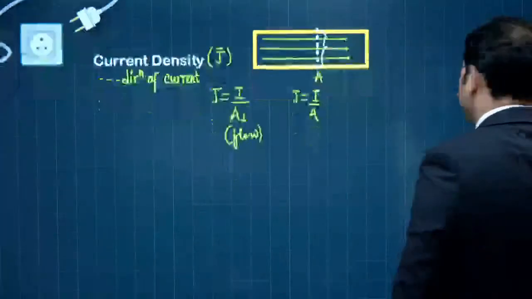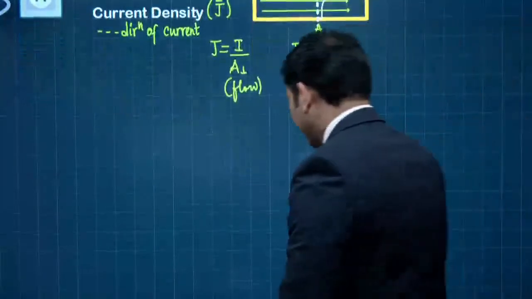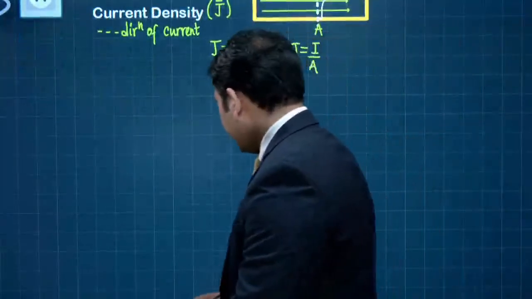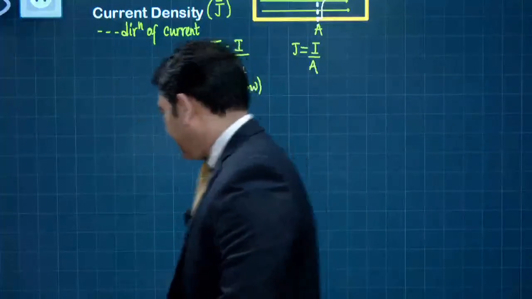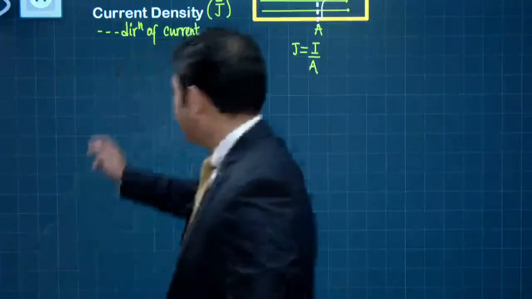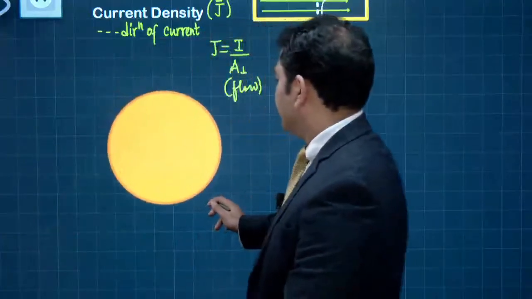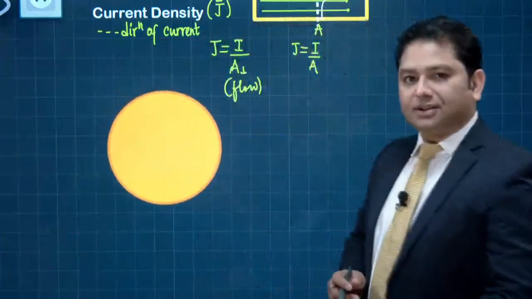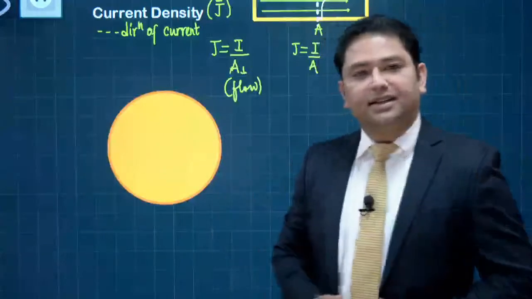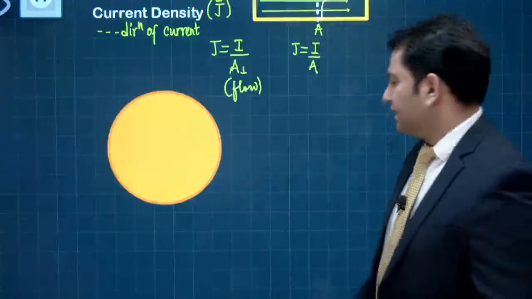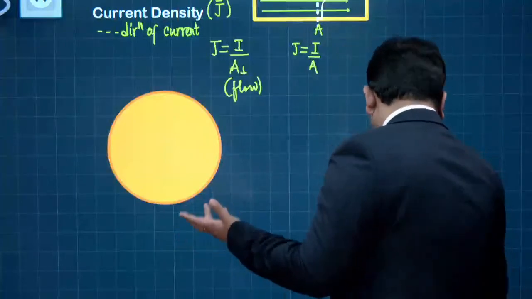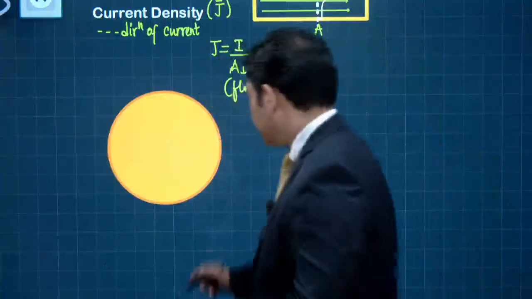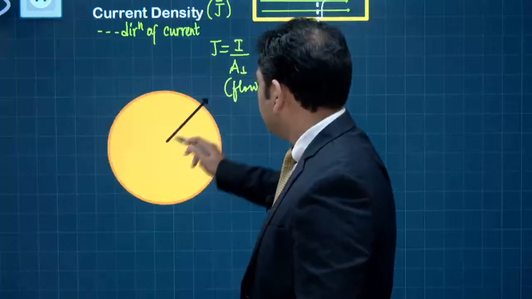Now, in a similar way, here is a very interesting thing. Let me take something like this. This is a sphere, not a circle. In this given case, suppose somehow, we don't know how, a current has been established and this is how the current flows.